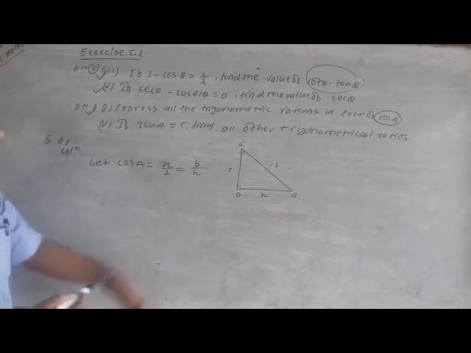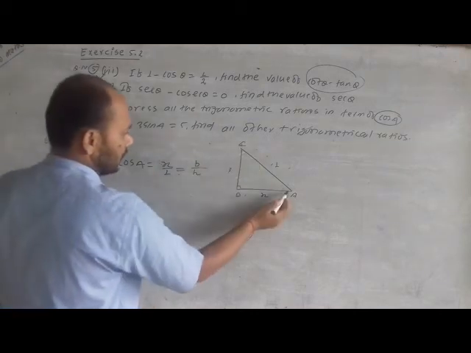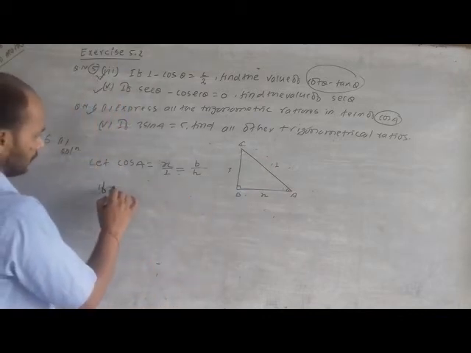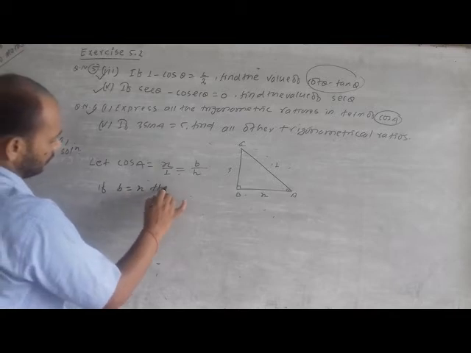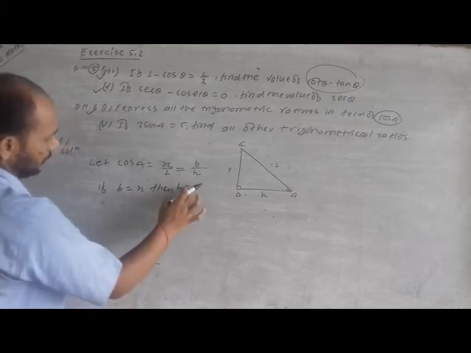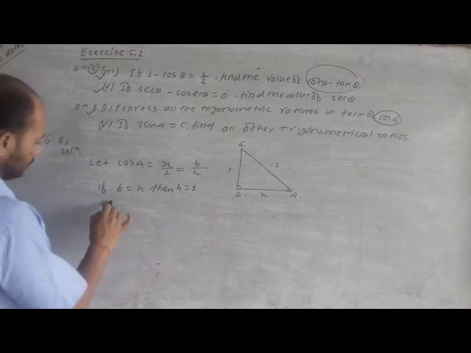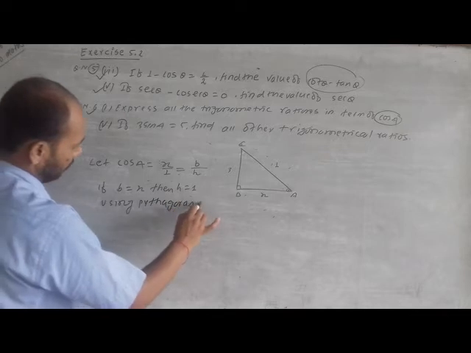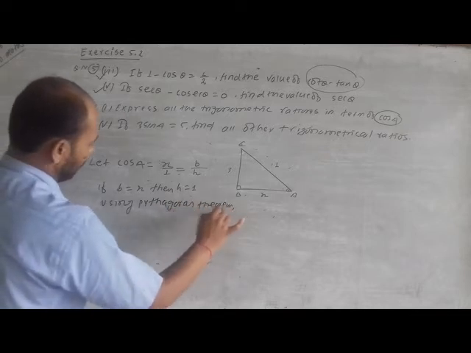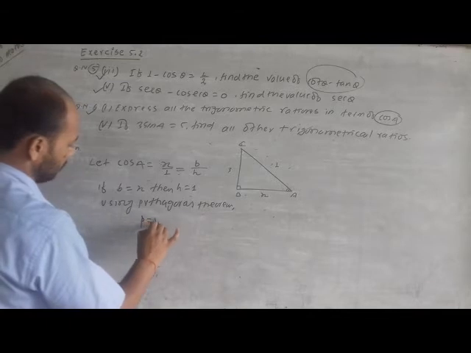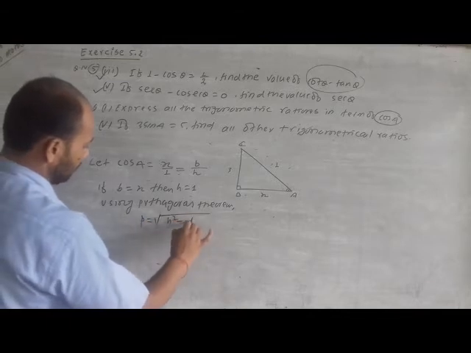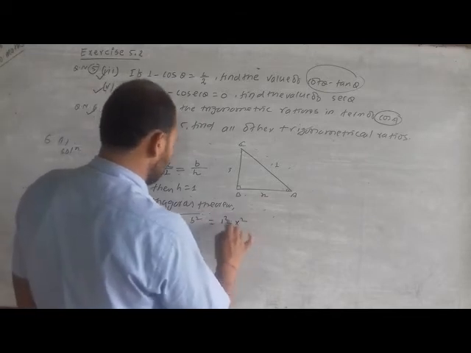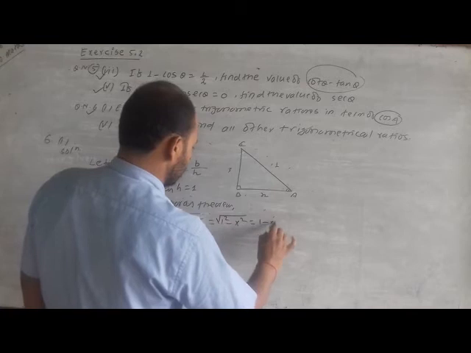This is the reference angle, and from here if b is equal to x, then h is equal to 1, and using Pythagoras theorem, p is equal to root of h square minus b square. So h represents 1, so 1 square minus x square, so 1 minus x square.